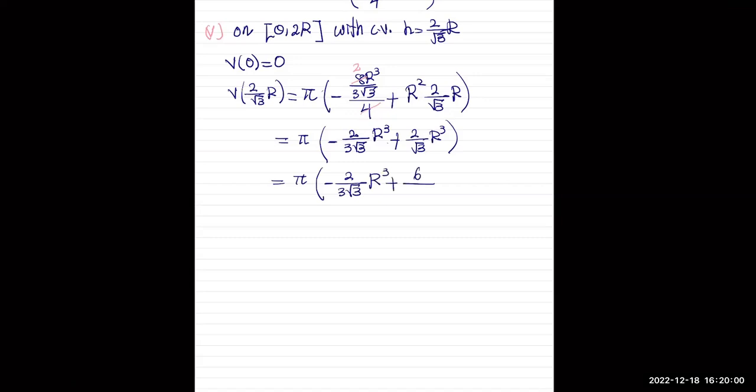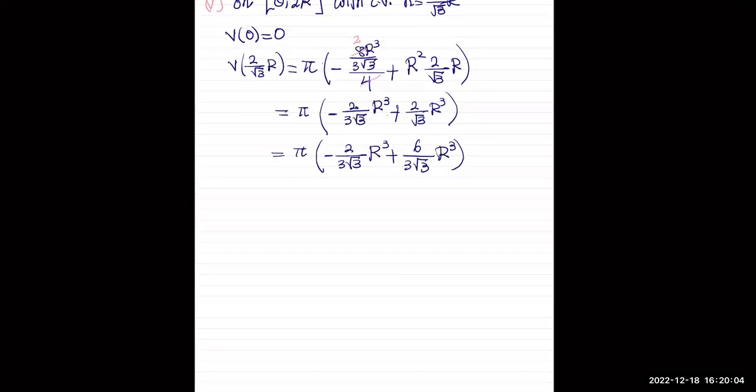That would be a 6 over 3 root 3 r cubed. So almost done. You have negative 2 plus 6, that's a 4. Okay, so we have 4 over 3 root 3 r cubed pi. That's the volume.